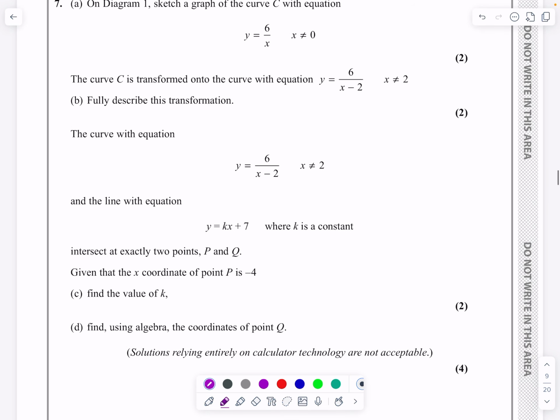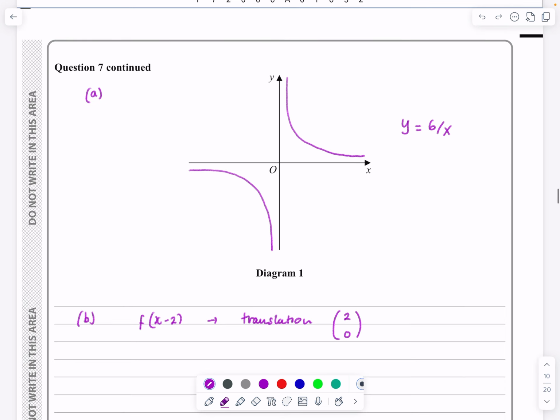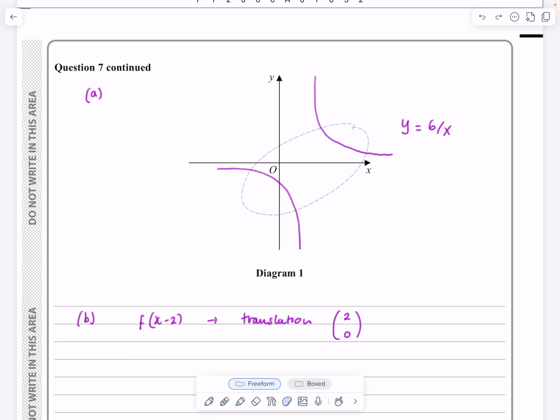Part C says we've got the curve here and we've got a straight line here, and they intersect at 2 points, P and Q. They tell me that the x-coordinate of point P is minus 4 and ask me to find the value of k. Let's just explain what's going on. I'll use the graph I've got here. I know this is 6 over x rather than 6 over x minus 2, but that would just be shifted over a little bit that way.